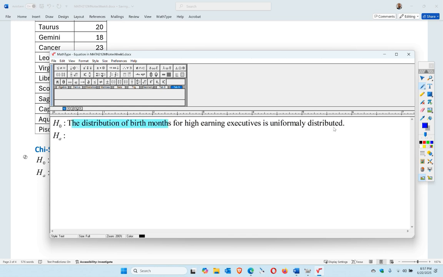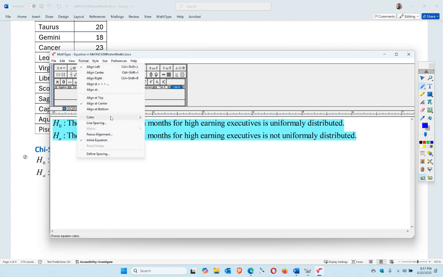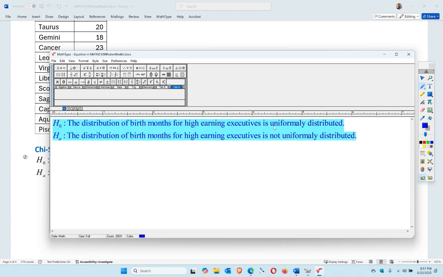So I probably should have said the signs and not the birth months, but oh well. I think it's the same, but I could be wrong on that. I'm not an expert on whatever those things are called. Birth months of high earning executives is not uniformly distributed, right? So they're all equally likely or they're not, basically. So we assume that they are all equally likely unless we find enough evidence to prove otherwise, essentially, right?